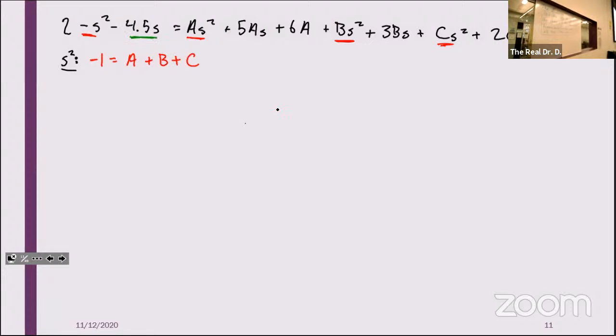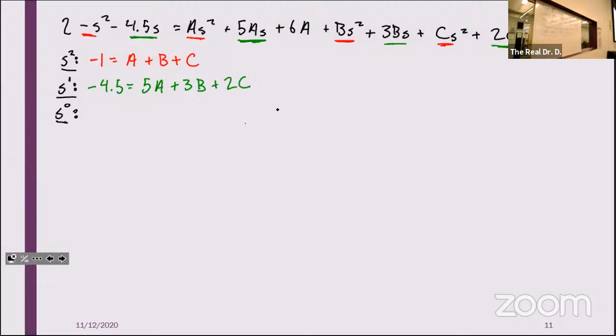All of my s terms, the s to the 1 terms, get underlined in green. What do I get? Well, I've got -4.5 is equal to 5a plus 3b plus 2 times c.